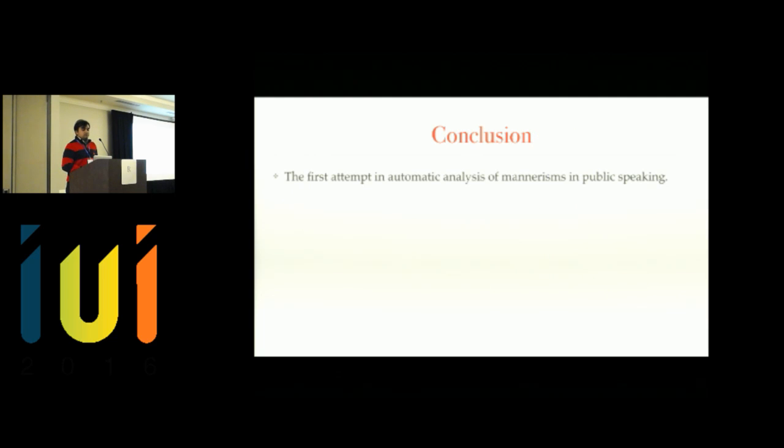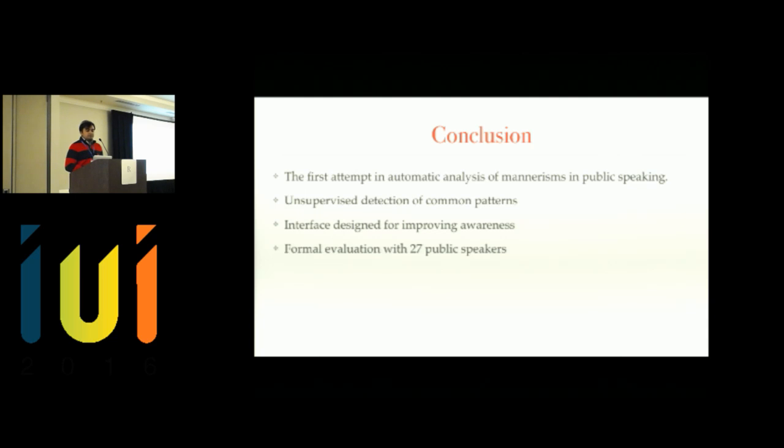In conclusion, this is the first attempt to automatically analyze mannerisms, and we used an unsupervised detection technique. The interface was designed for improving awareness, and a formal evaluation with 27 public speakers was done, and evidence of improving self-awareness is found in our experiment.